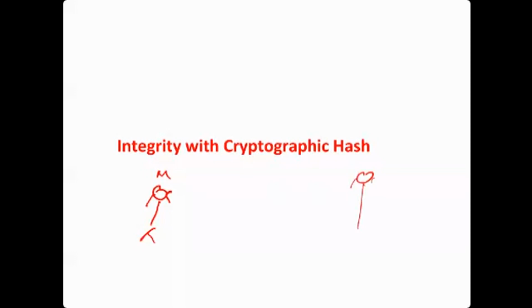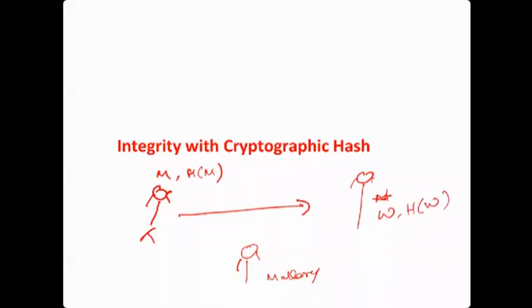In between there is Mallory. Alice computes M and H of M, and sends it to Bob. Bob receives some message, say W and H of W. Can you be sure that it has come as it is, not changed in between?